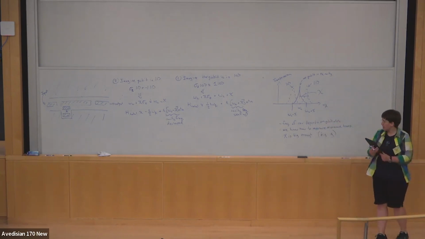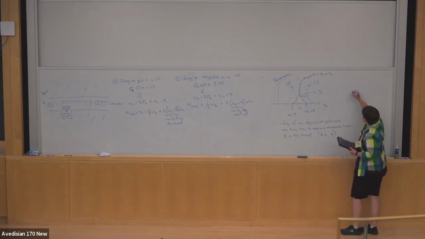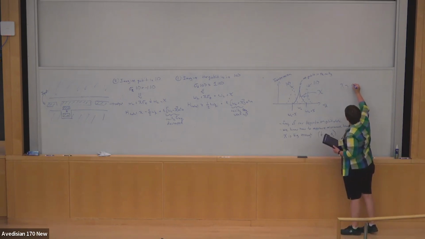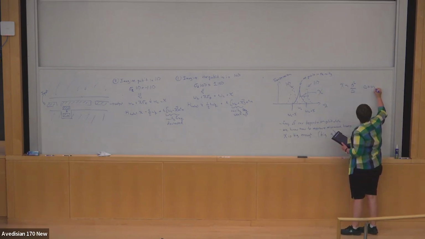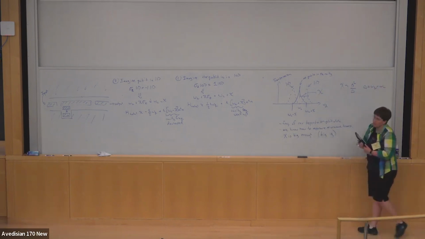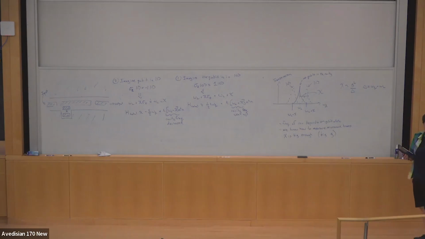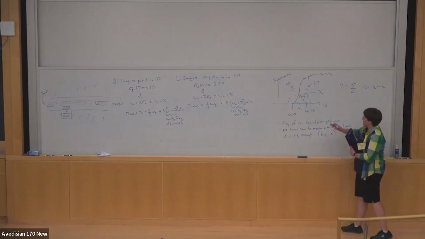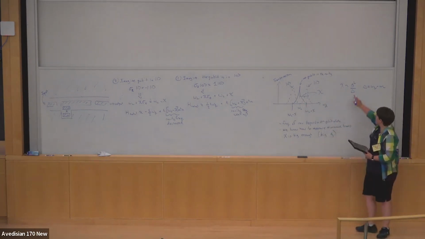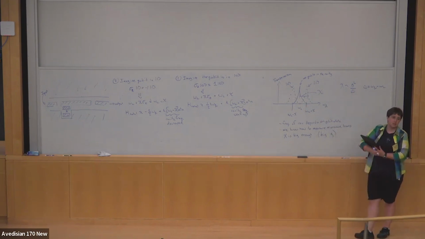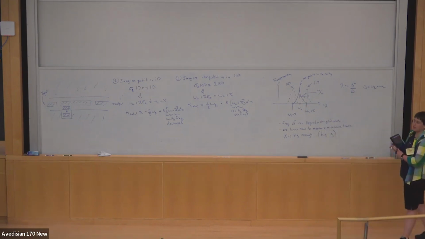And so in atomic QED, well, let's see. Chi is basically G squared over delta. Delta is omega Q minus omega C. And so it's the coupling strength squared divided by the frequency difference. If this is going to be big compared to the line width, I need a big enough G. And this is where the really big G that you get in the circuit QED implementation really helps you.